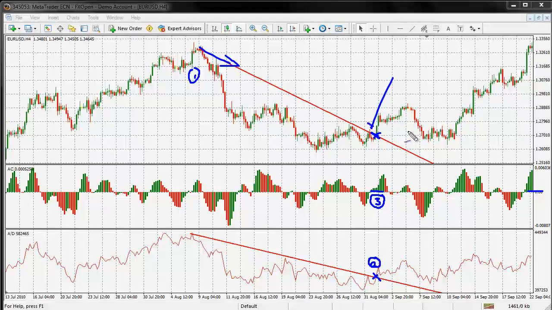Alright, so where do we place our stop loss and where do we place our take profits? I don't like to sound paranoid, but for the most part I believe that brokers do hunt you out. So what I tend to do when I'm day trading is only put my stop loss value in once my trade has made a sufficient amount of pips.